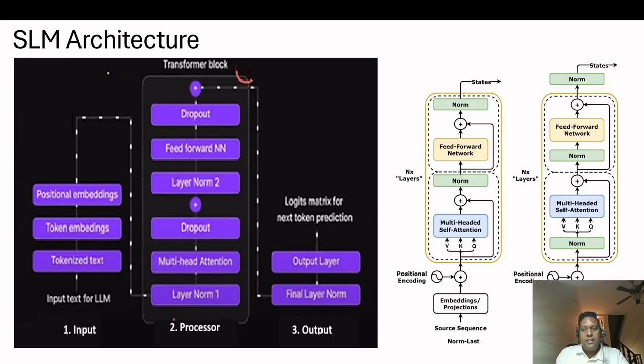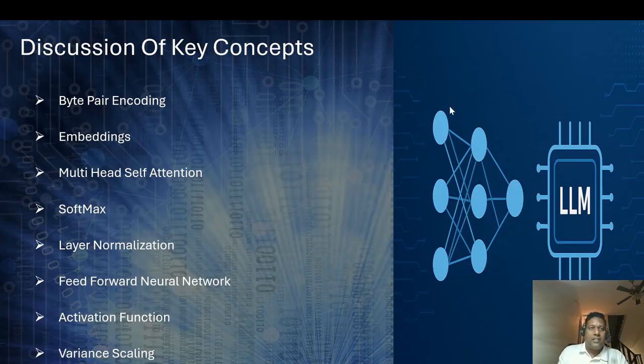We talked in detail about the small language model architecture, and then we discussed the key concepts of byte pair encoding, embeddings, multihead self-attention, softmax, layer normalization, and feed-forward neural network. We touched on activation function a little bit as part of the feed-forward neural network, where we just zeroed out some of the negative values. Variance scaling, we'll look at during the code walkthrough itself.